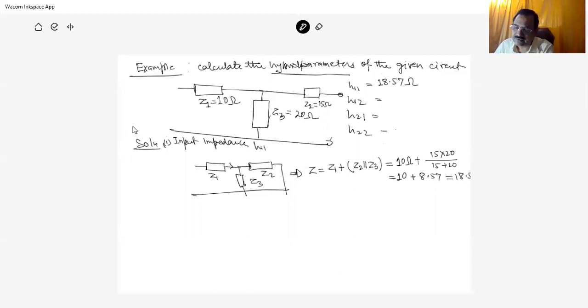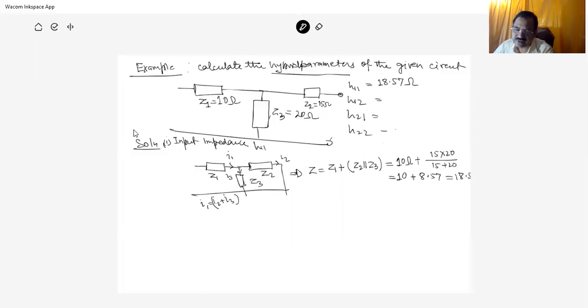Now for the other part, taking the current, this current is I1, this current flowing here is I2, and this current is I3. So I1 is equal to I2 plus I3.